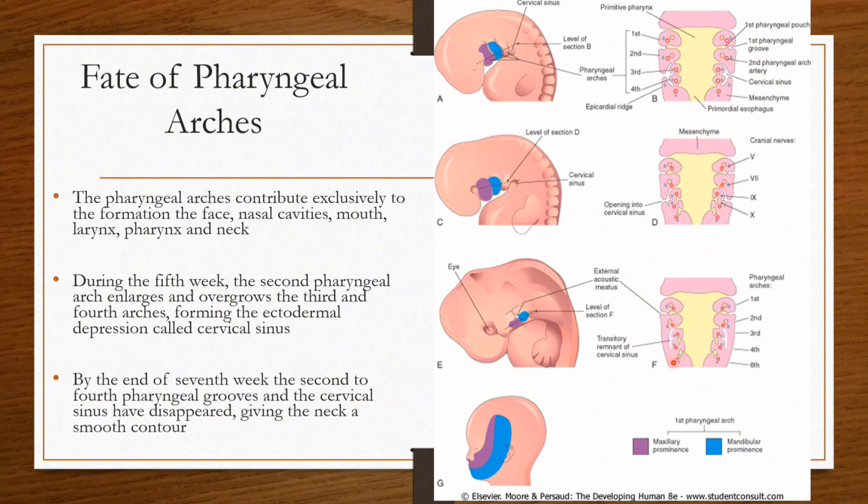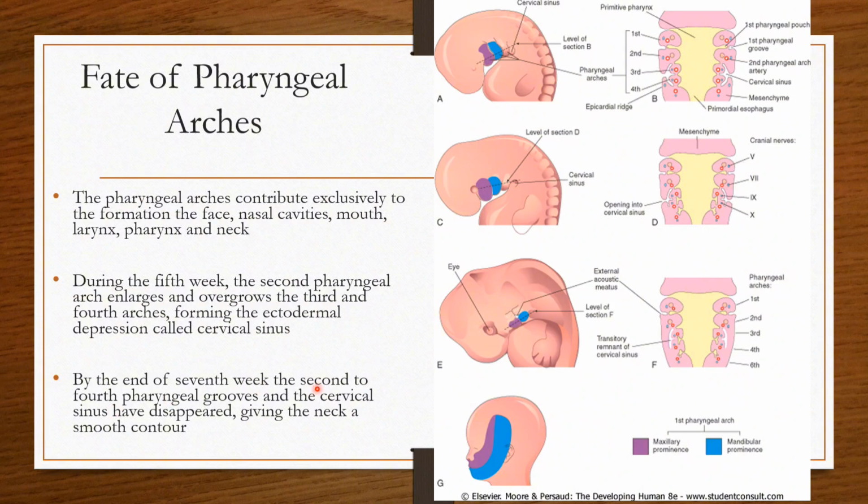So in this diagram you can see this one was the first pharyngeal arch and this one is the second pharyngeal arch. This second pharyngeal arch grows downwards and covers the third and fourth pharyngeal arch, and this sinus which is entrapped behind the second pharyngeal arch is called the cervical sinus.